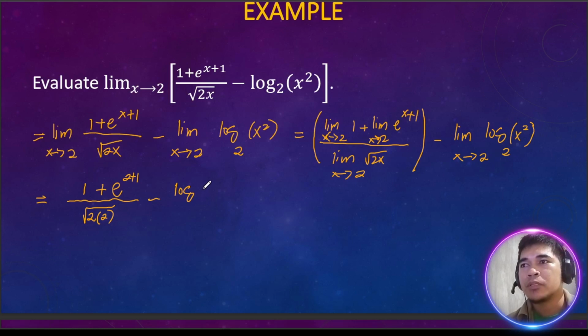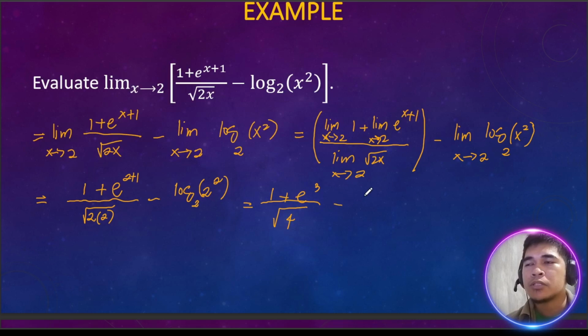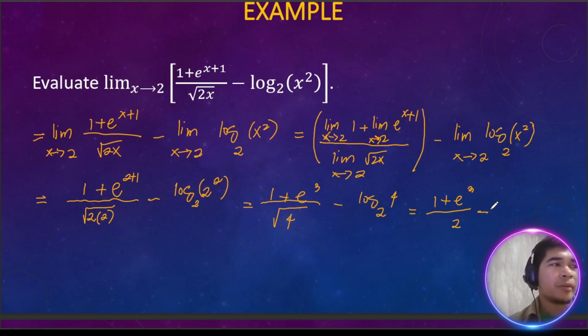So we have 2 squared to the base of 2, which equals 1 plus e to the power of 2 plus 1, which is 3, over the square root of 4, minus the logarithm of 4 to the base of 2. Equals 1 plus e to the power of 3. The square root of 4 is 2, right? Minus the logarithm of 4 to the base of 2, which is 2.